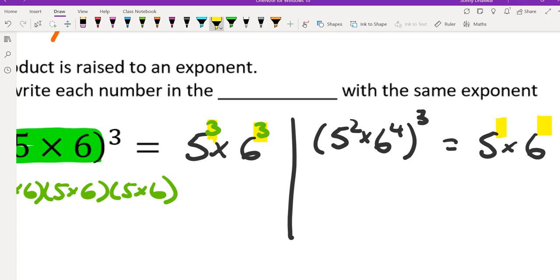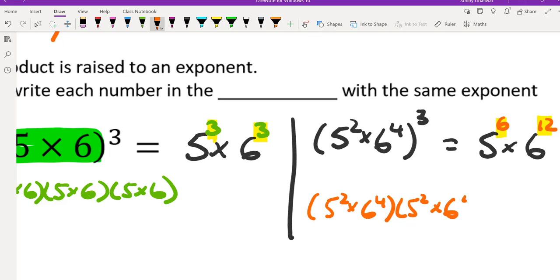Damien? 5 to the 6, and 6 to the 12. You've got it. Just like before, we're going to repeat this bracket 3 times.